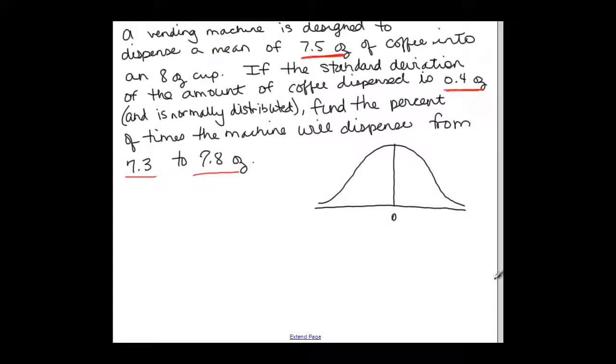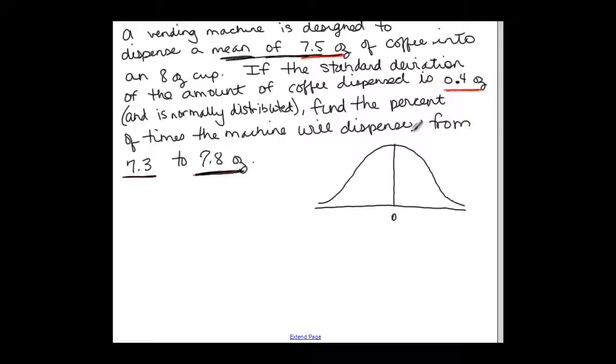Now let's look at this example. It says a vending machine is designed to dispense a mean of 7.5 ounces of coffee into an 8-ounce cup. If the standard deviation of the amount of coffee dispensed is 0.4, so 4/10 of an ounce, and is normally distributed, find the percent of times the machine will dispense from 7.3 to 7.8 ounces.